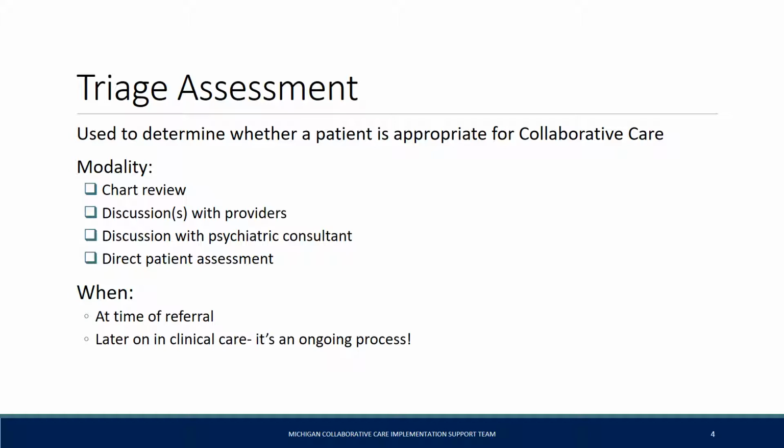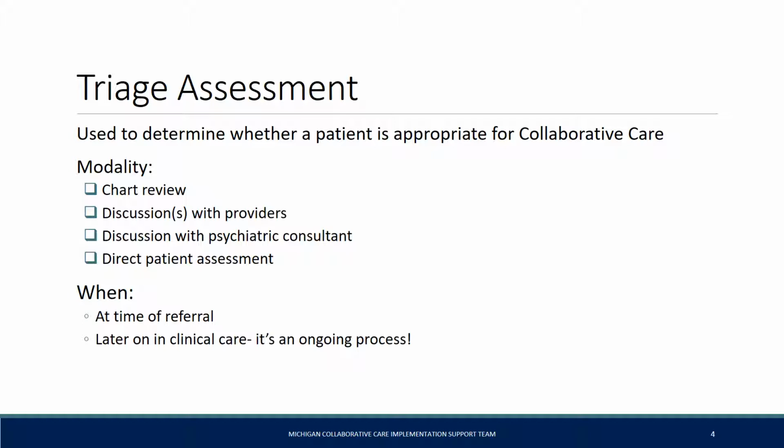It can also include discussions with providers. So you might chat with your behavioral health staff in clinic or nurses that have been in contact with the patient. You might talk with the PCP about why they referred the patient to collaborative care and what they're hoping for in terms of support with treatment. This can also include a discussion with your psychiatric consultant.